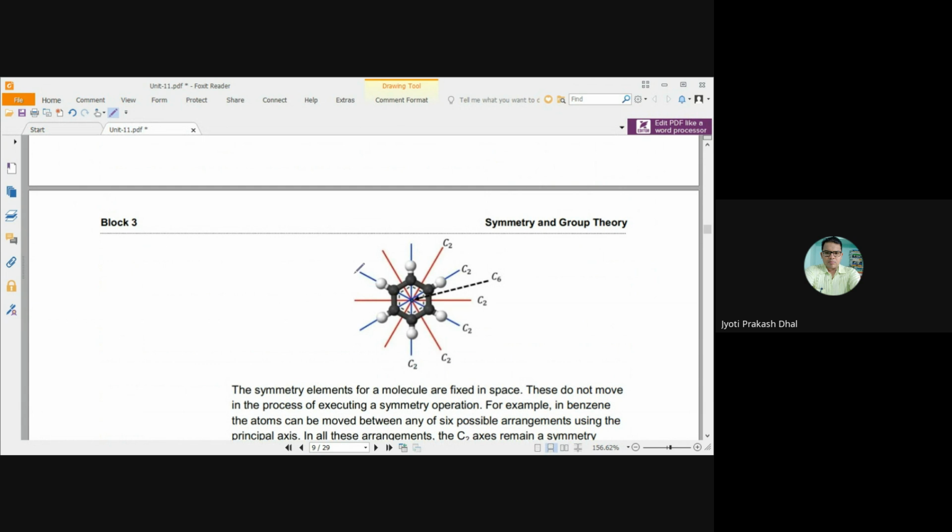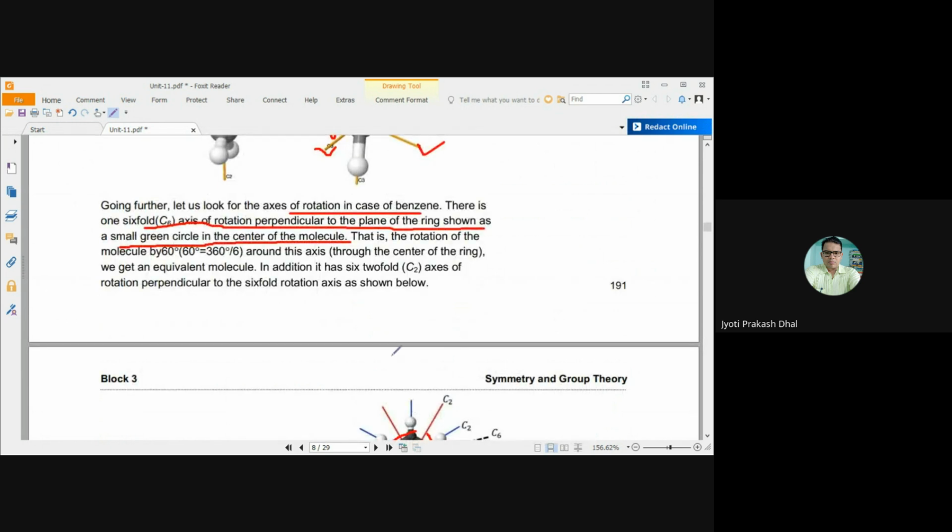If we imagine an axis passing through the center of the molecule perpendicular to the plane, that is called the six-fold axis of rotation, or C6. Rotating the molecule by 60 degrees around this axis gives an equivalent molecule.